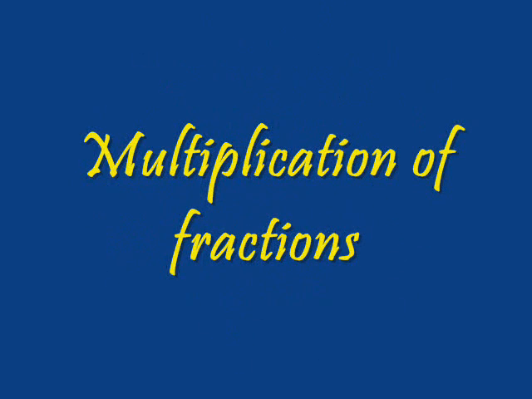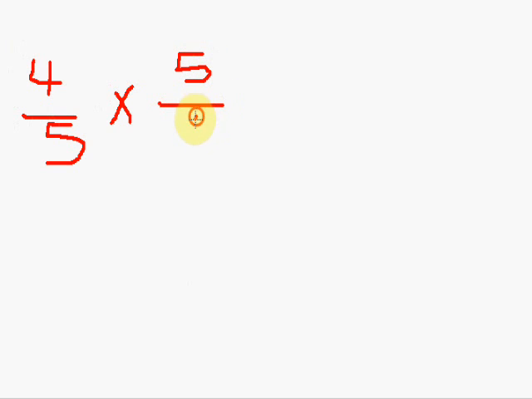The next thing we look at is the multiplication of fractions, and we did a bit of this in the beginning, okay? But we're going to go into it more in detail now, okay? And it's a very, very simple procedure operation. So let's say we have 4/5, and we're going to multiply 4/5 by 5/6.